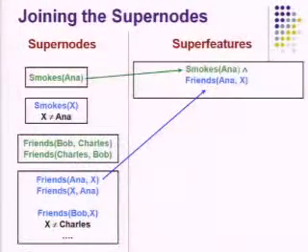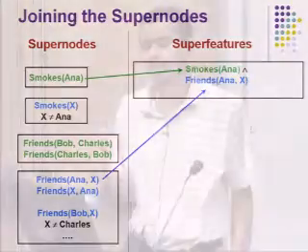Given these initial supernodes, let's try to construct superfeatures. We are trying to construct the superfeature smokes X and friends XY implies smokes Y. The color coding tells you where those nodes are coming from. So smokes Anna comes from the first supernode. Then you join it with friends Anna X and smokes of X. This is my first superfeature coming from the boxes on the left side, simply doing a join just like in databases.